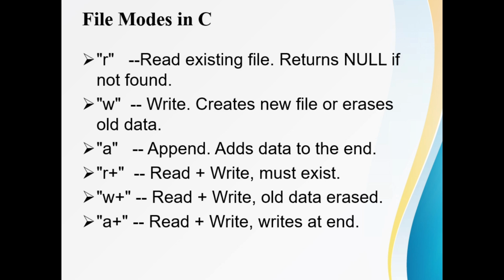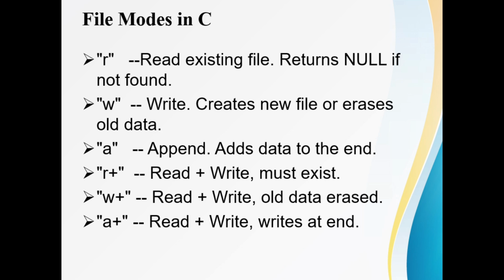If not, a new file will be created. And the third one is a, which means appending. It helps to open a file for appending. In this case, new data will be added at the end, and the existing content is safe. And the fourth one is r+. It helps to open a file for both reading and writing, and the file must exist.